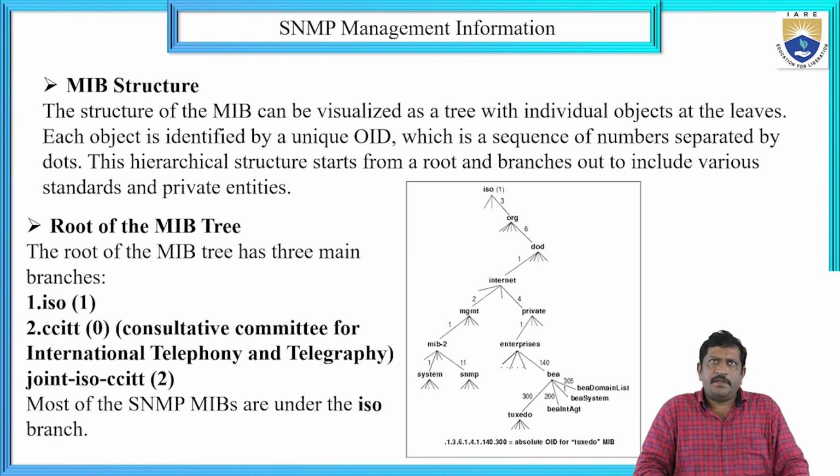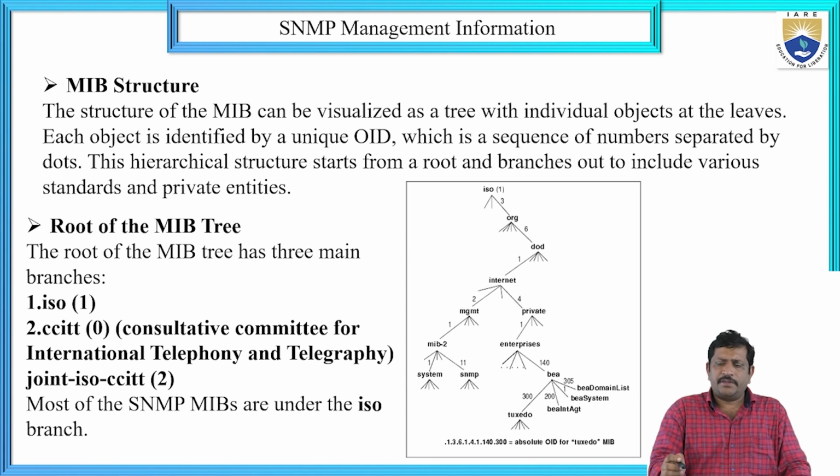Here is the management information base, the MIB, as a structure. If you see, this is the MIB as a structure, so in tree form we can represent it. For example, if we take the organizations, the root of the MIB has a main branch, that is ISO. ISO is the first main branch.